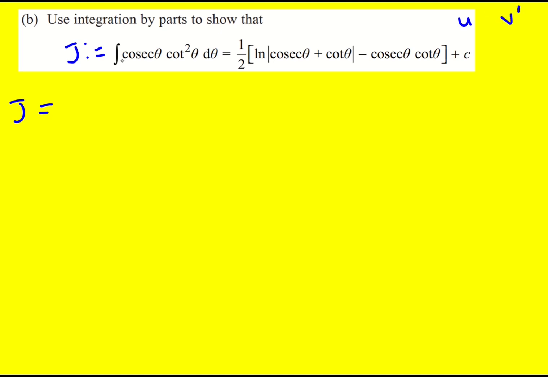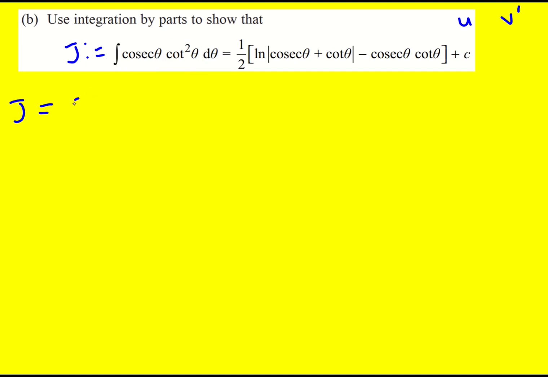If you let this equal v dash, you've got to integrate cosec straight away, and then you're going to get an awkward derivative for cot. Meanwhile, if we're differentiating this, we have to integrate this, which I don't think we can.